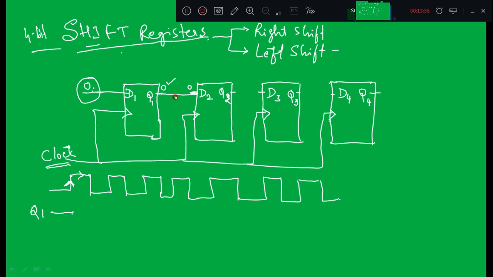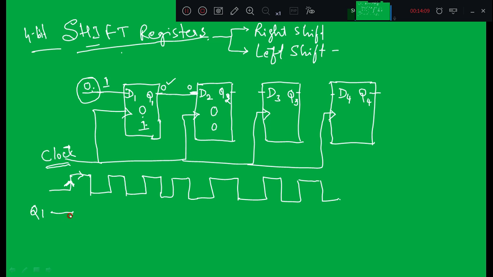This 0, which was in the first flip-flop, has shifted to the second flip-flop. What is stored in the first depends on the value of D1. If you keep it equal to 0, then this flip-flop also remains in its previous state, which is 0. If I make D1 equal to 1, when the second clock pulse is applied, this 1 will be loaded here and this 0 will be shifted here.